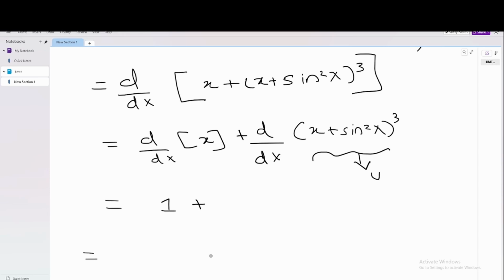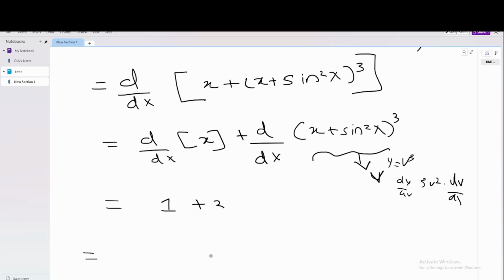This term be v, the inner function, and the outermost function is y is equal to v cube. So the differentiation will be dy by dx equals 3v square into dv by dx.